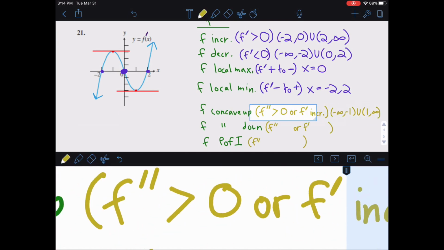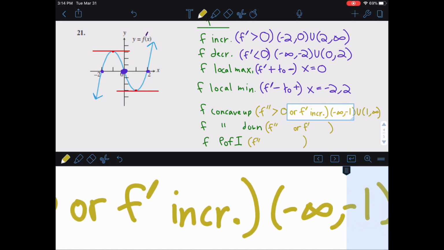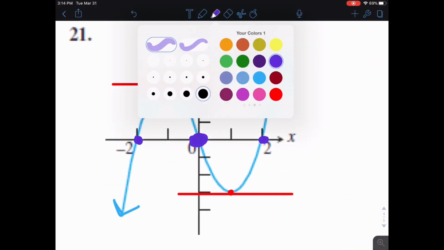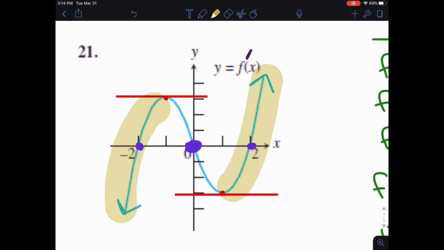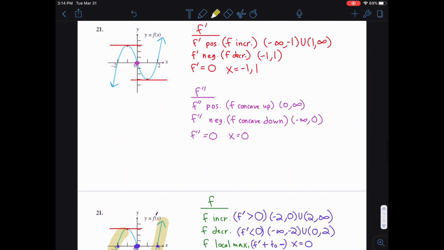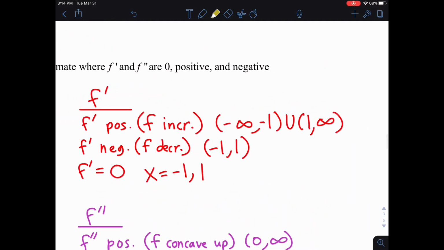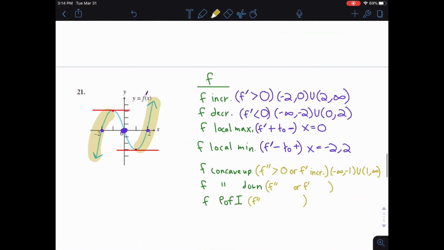Okay, f double prime is positive, that means that f prime is going to be increasing. And so if I look at my graph of f prime, where does it increase? -infinity to -1 and 1 to infinity, which you'll notice is the same answer as what we got up here. And as a matter of fact, all of these answers are going to be repeated down here.